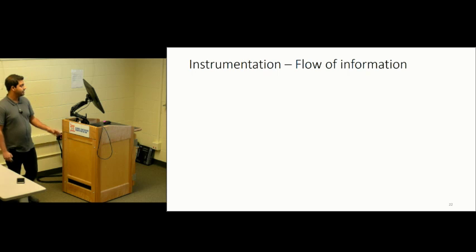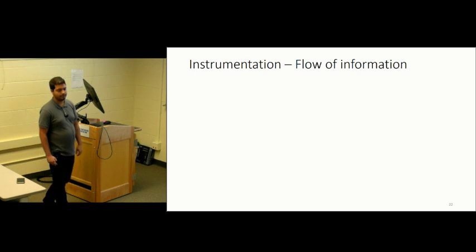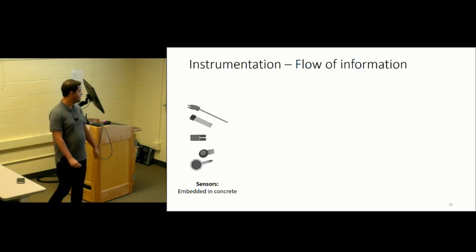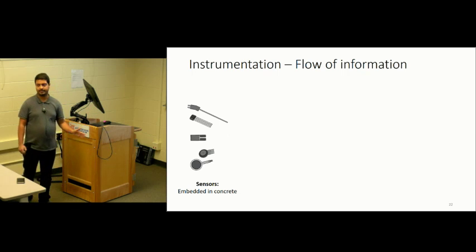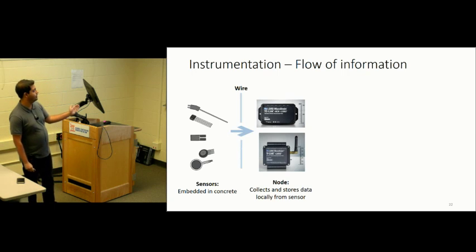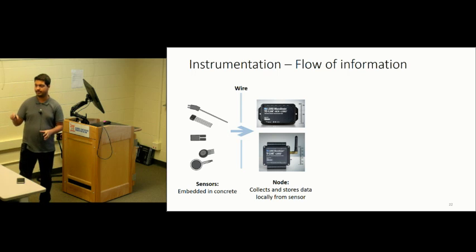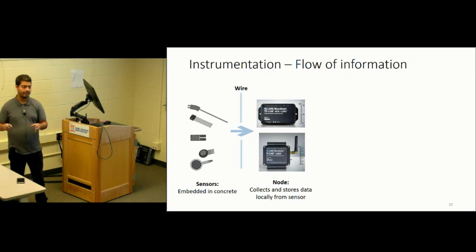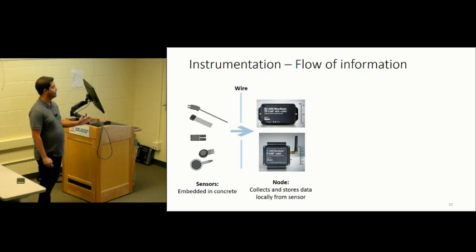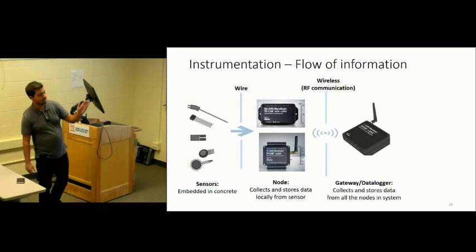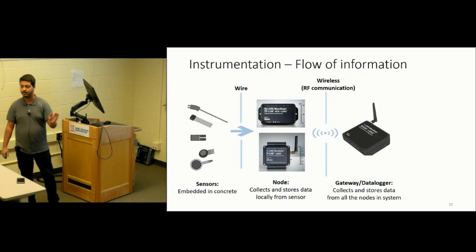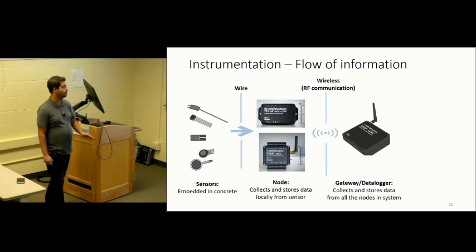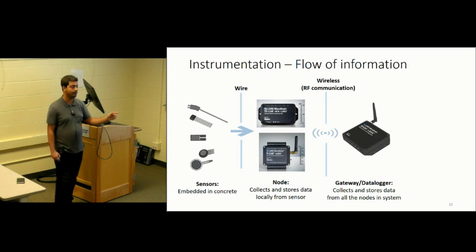So let's switch to instrumentation of the concrete pavement. We have sensors that need to be embedded inside the concrete, which are connected through wire to a node that captures the data and stores it locally. These nodes then transfer the stored data to a data logger wirelessly through radio frequency communication.